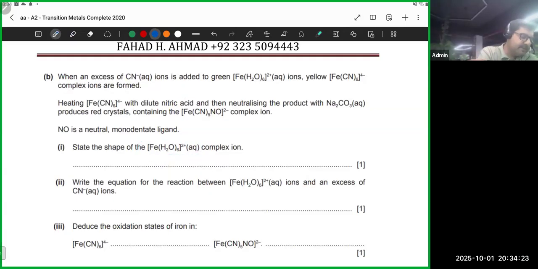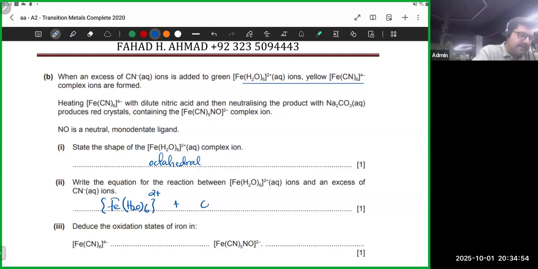Now this one has 6 dative bonds, so it's going to be octahedral, right? You have top, bottom, right, left, and front and back. Then he's asking, write an equation for the reaction. So this is about the ligand exchange reaction that happened over here. So your Fe, which was with 6 water molecules, and it had a charge of plus, what was the charge? Plus 2, 2+.